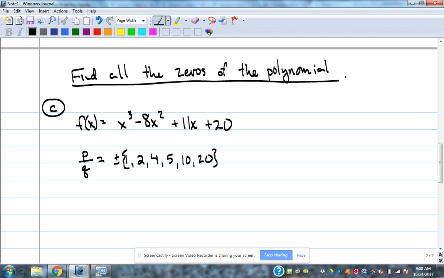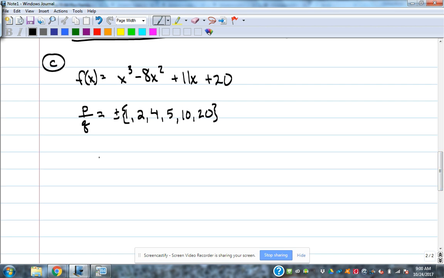If that one didn't work, try another one. And you would do that until you found one that worked. Okay? You guys have a graphing calculator readily available to you. Let's use it as a tool to speed things up a little bit so that we're not guessing. We're going to use the graph of this polynomial to help us.